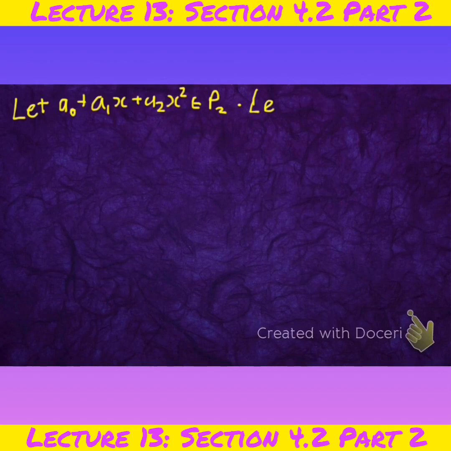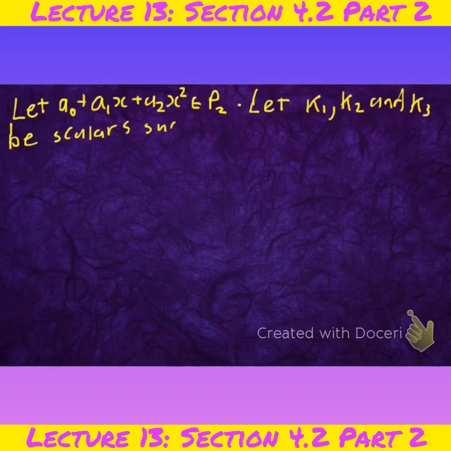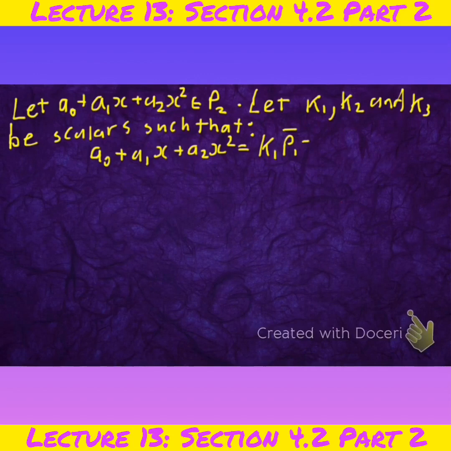I'm going to let k1, k2, and k3 be scalars such that we can express the polynomial a0 + a1x + a2x squared as a linear combination k1 p1 + k2 p2 + k3 p3.